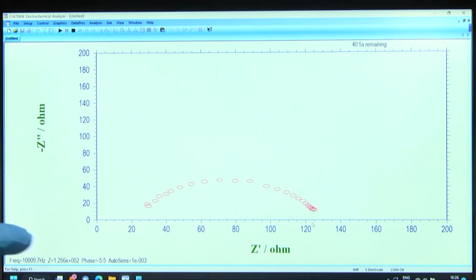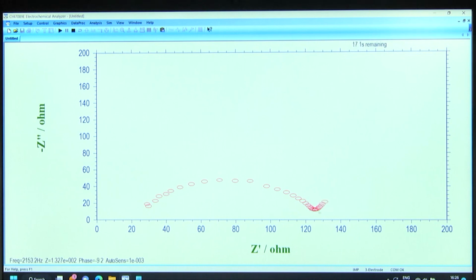Moreover, the value at this x axis point indicates the solution resistance of our electrolyte, and the value at the other end indicates the charge transfer resistance up to that point. So, we subtract the value at the leftmost end from the value at the rightmost end to get the charge transfer resistance.